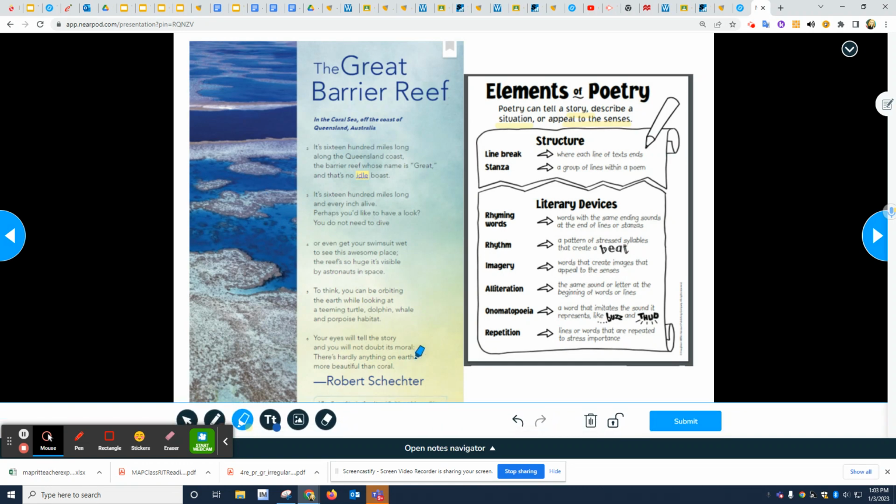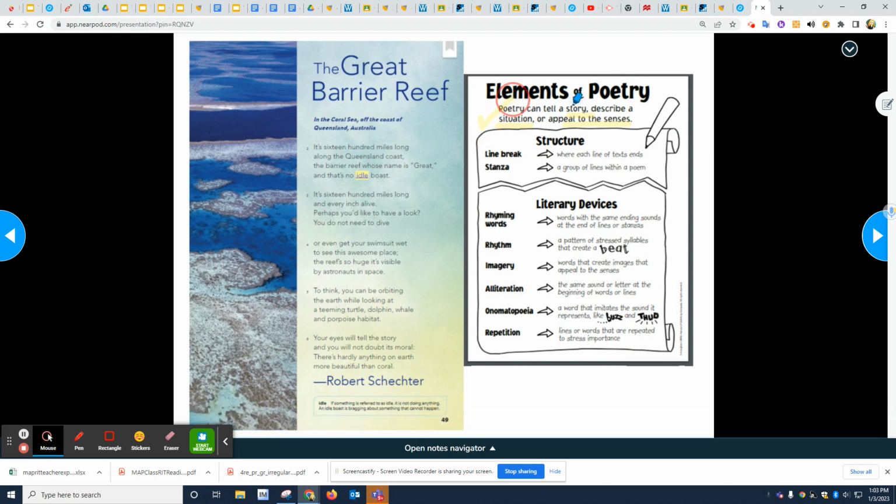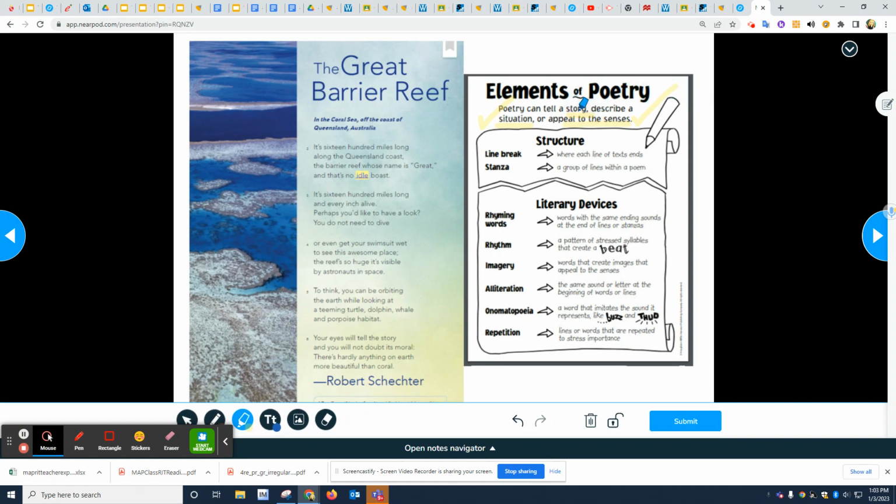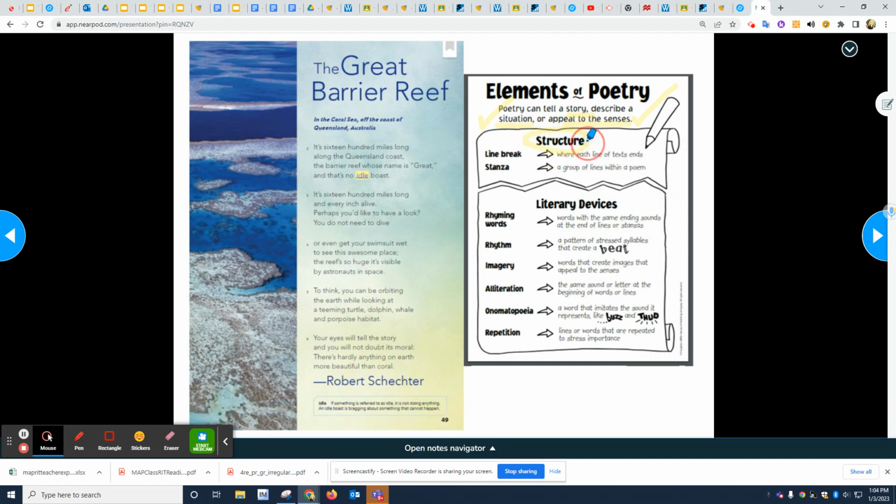And so this poem, to me, does all three. It's definitely describing, and it's definitely appealing to my senses. And it does sort of tell a story of the Great Barrier Reef. Maybe not like a story we think about with the characters and all of that, but it has a story feel to me. Okay, so let's look at the structure.